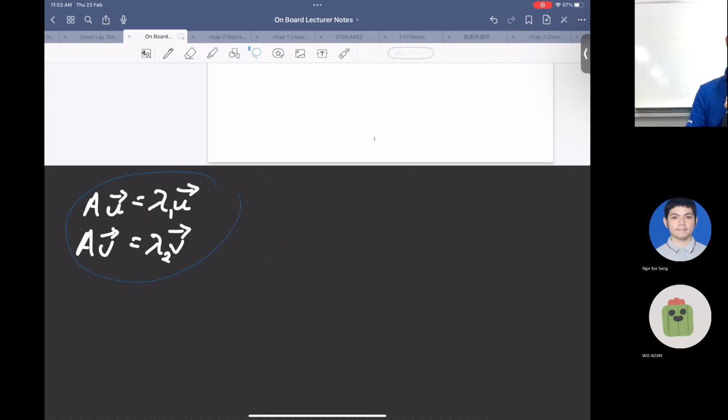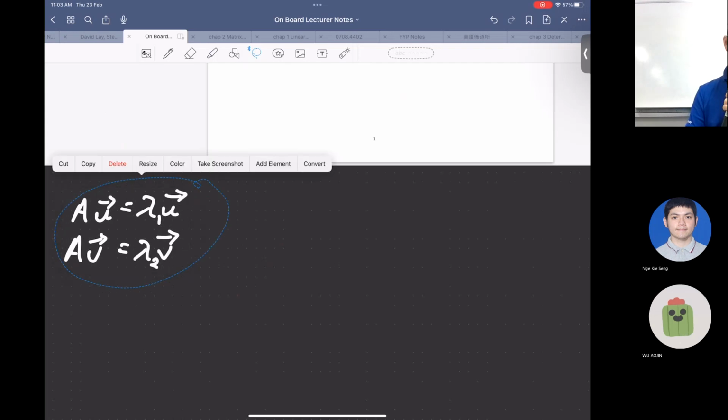Can you come up with an augmented matrix to solve U and V? Can you relate back to what we learned to solve U and V?